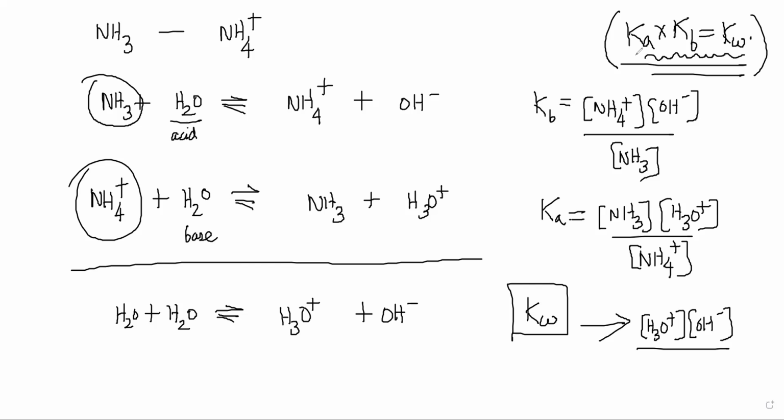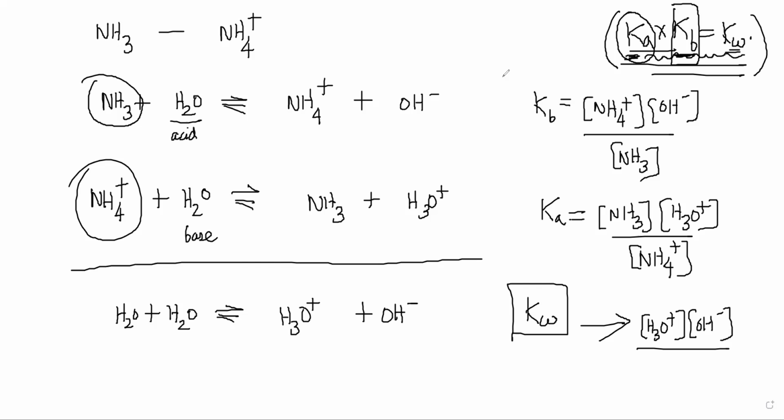What I'm saying is basically, Ka times Kb is Kw. If Ka is small, then Kb is large. So if you have a weak acid, Ka is small, and the conjugate base of that weak acid will be quite strong.